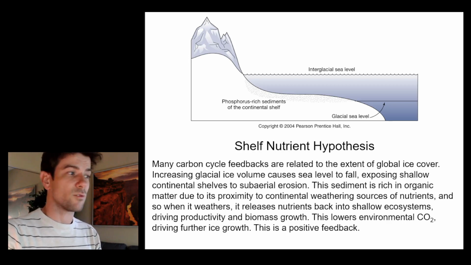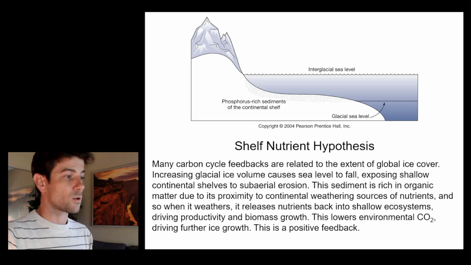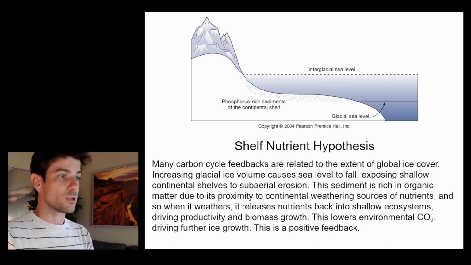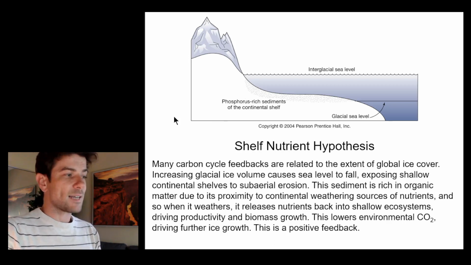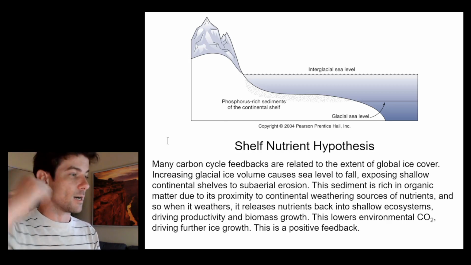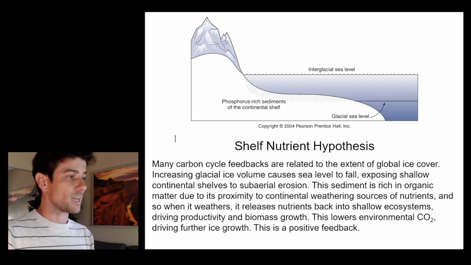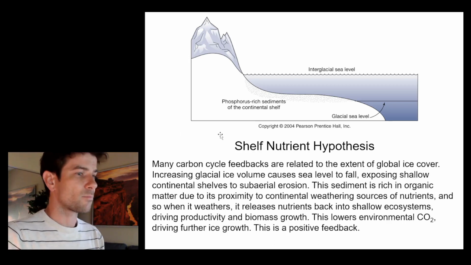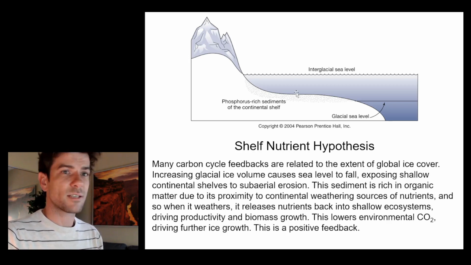And so sea level, as you know, rises and falls quite a bit as glaciers grow and shrink, right? And so the last glacial maximum, about 18,000 years ago, as we'll talk about in the next lecture, sea level was about 200 feet lower, more or less. And so that's a significant distance, right?